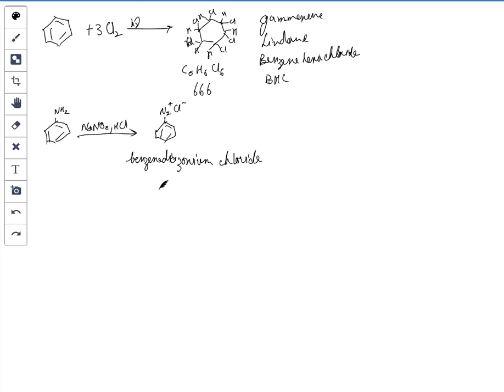Now this is called diazonium ion or diazonium salt. Now if this diazonium salt is treated with something like CuCN in presence of HCl, it gives us the compound with CN. This is benzonitrile.